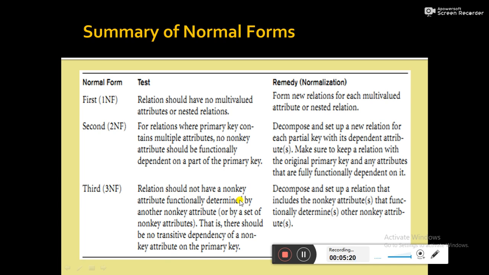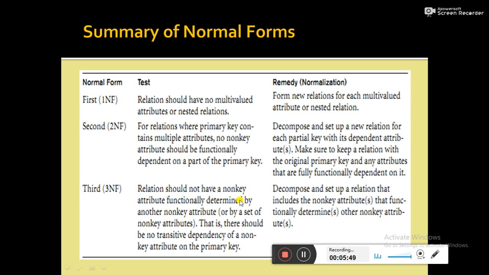Two non-prime attributes should not be dependent on each other. If one non-prime attribute is functionally dependent on another non-prime attribute, then relation R is not in 3NF.